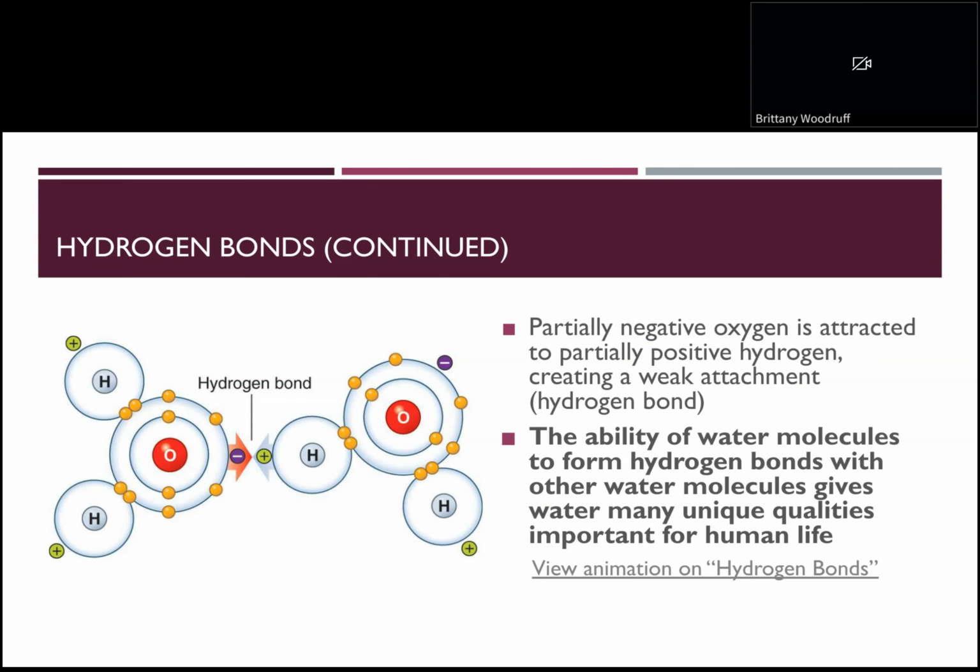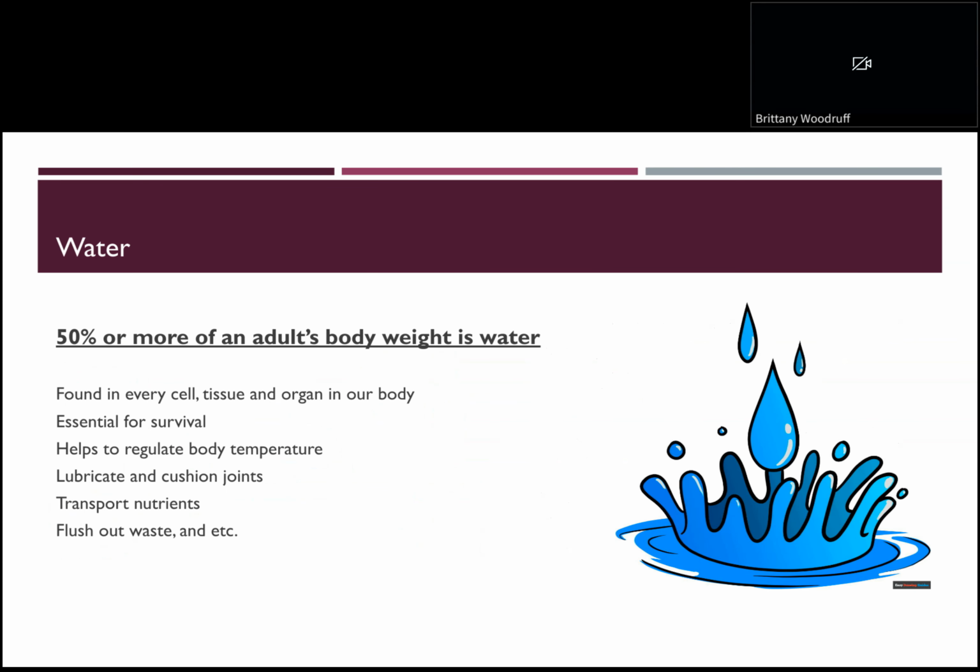Now, your body is going to be 50% or more pure water. It's a little bit different for males and females. I think men have a higher body water percentage, while women have a higher body fat percentage. You don't need to know the exact percentages.